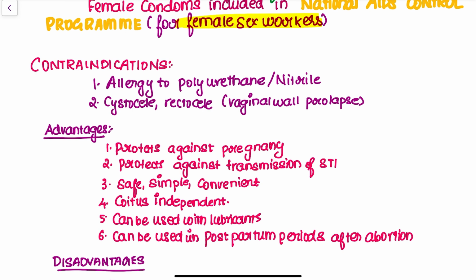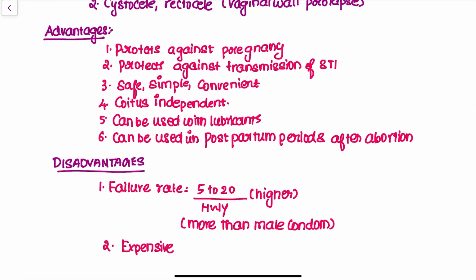With any sort of vaginal prolapse, the female condom cannot be fitted properly in place. So these are the absolute contraindications, right? Cystocele and rectocele. And also the patients who are allergic to polyurethane and nitrile cannot use these female condoms.